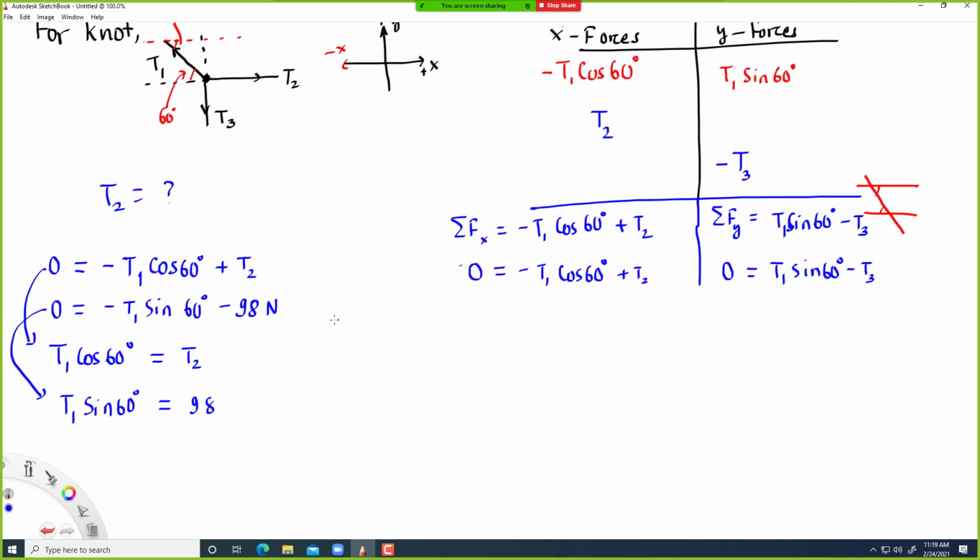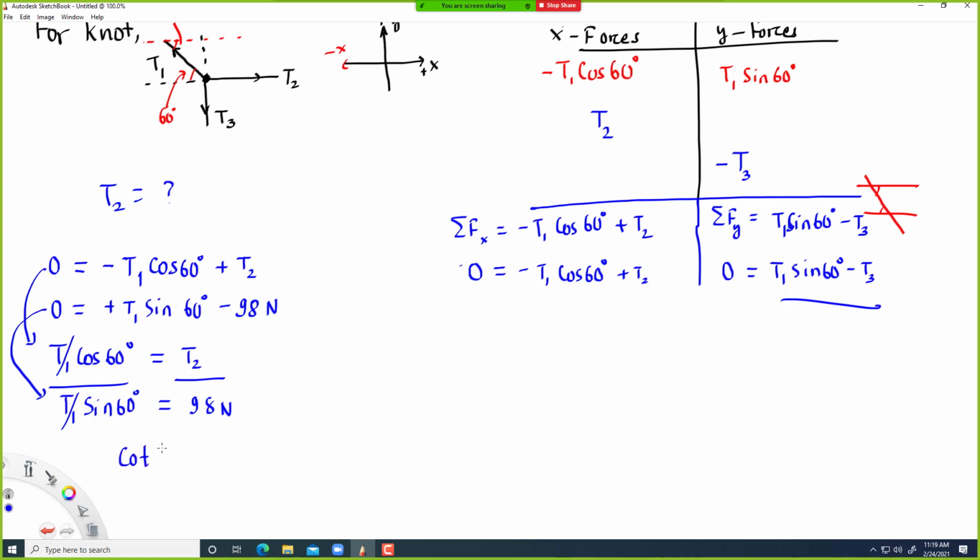Let's make sure I have all the correct signs. So this one is positive, sorry, I didn't write the, so that's that equation. So this is positive. Okay, so that's the equations I have. Now to eliminate T1, divide the two equations term by term. Okay, so divide left side by left side and right side by right side. Then you can cancel T1 and T1. So cosine 60 over sine 60.